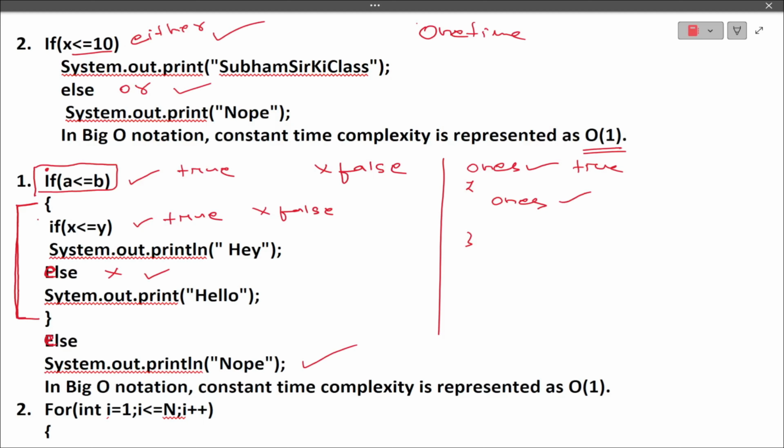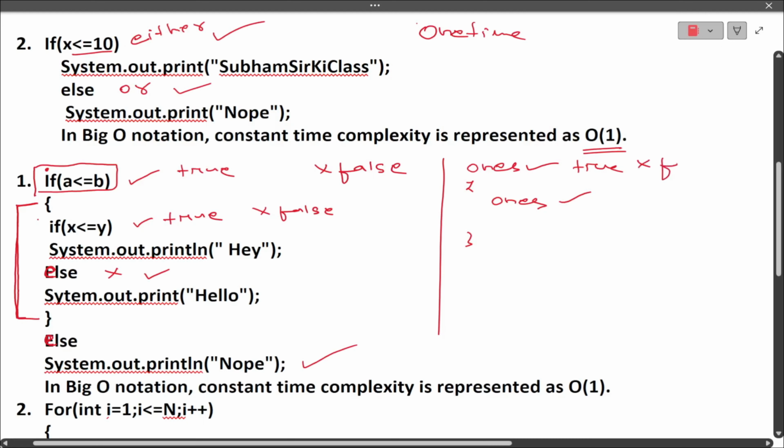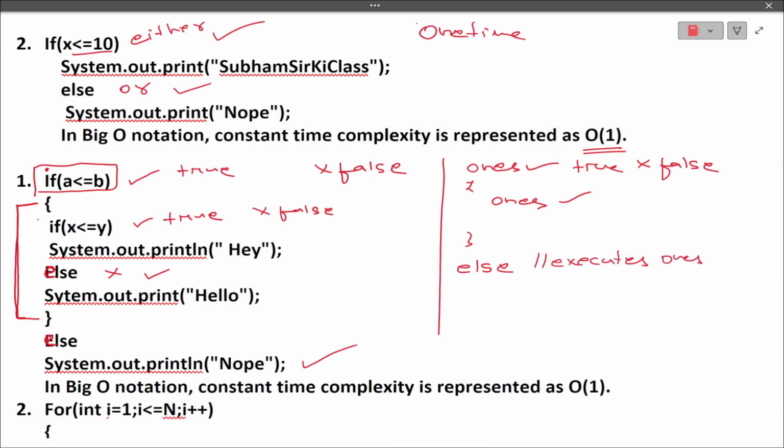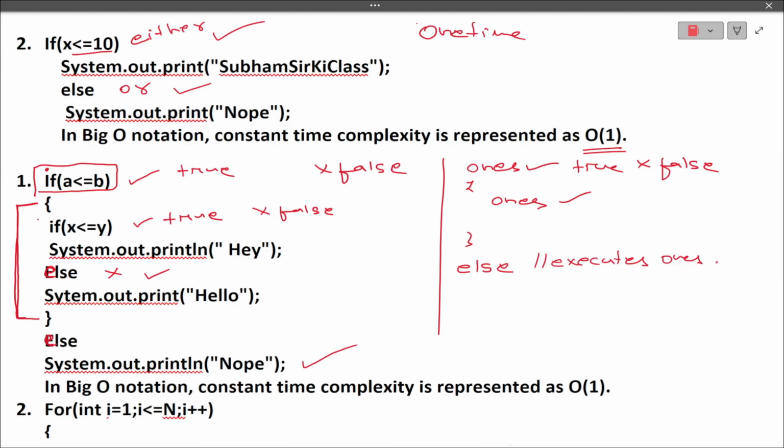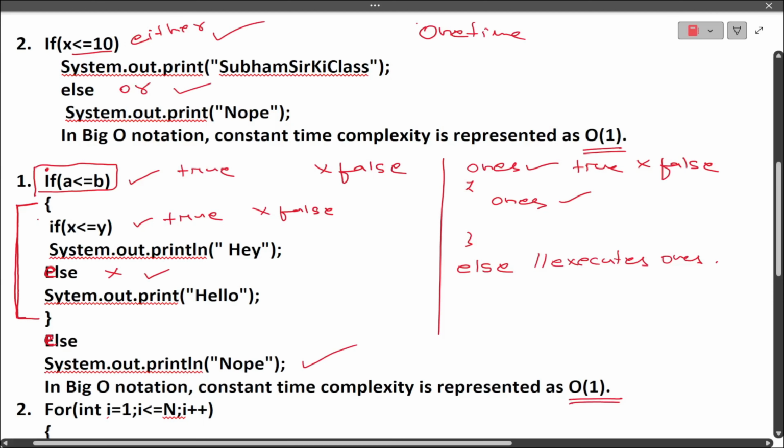So once only. If this is false, this else will execute, and else is executing once. Only once this whole thing is running. That's why we have considered the time complexity, that is constant, as 1.